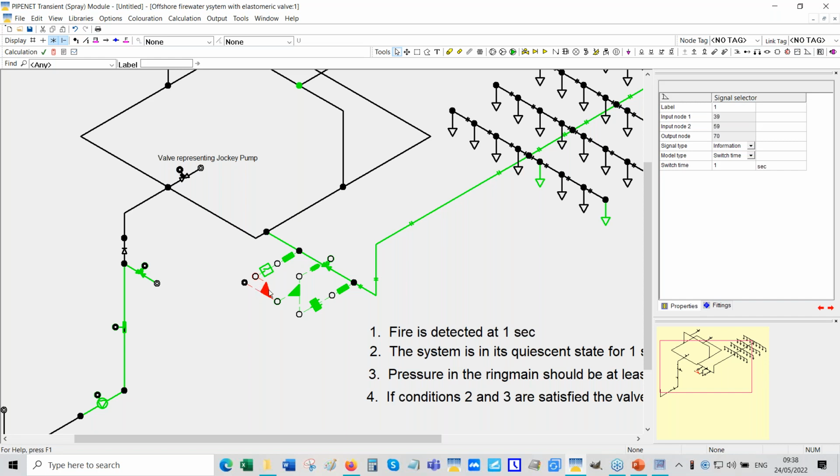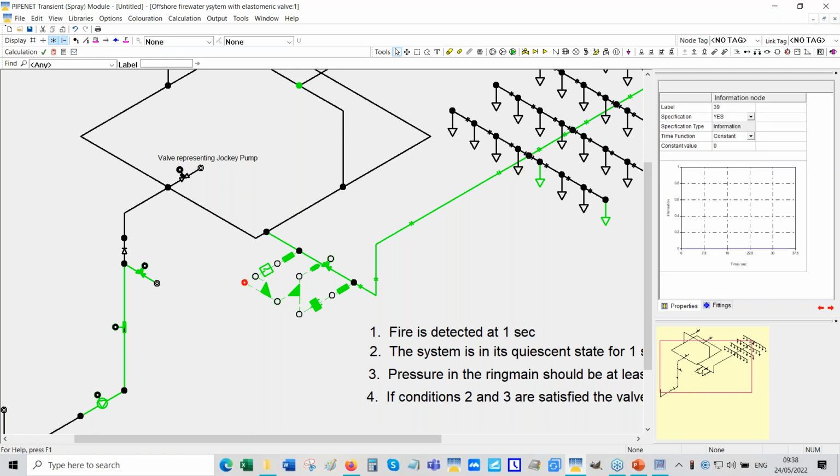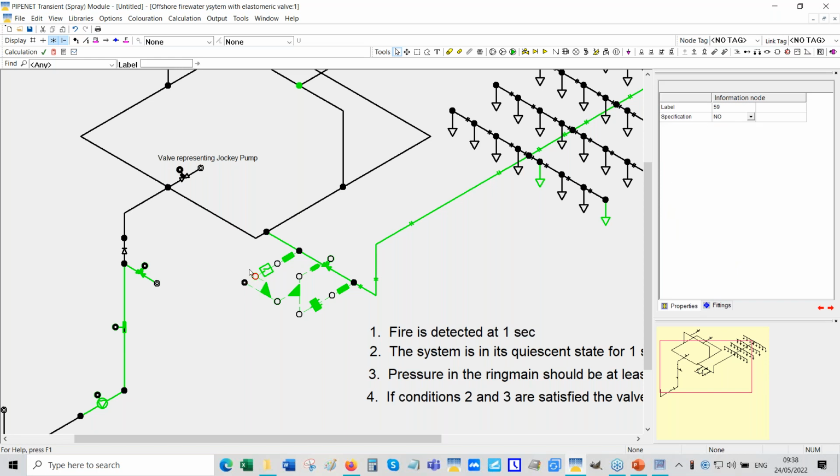That can be used in a number of ways, but it has 2 signal inputs and 1 signal output. And what is this? There are different options you can have. This is switch time. In other words, up to 1 second, it will use that input. After 1 second, it will use that input.